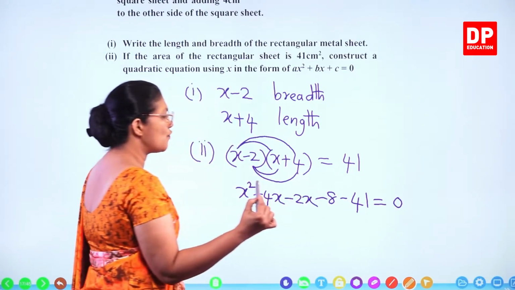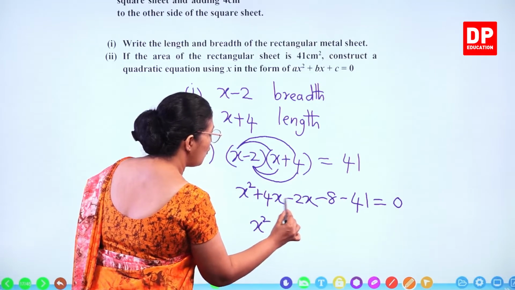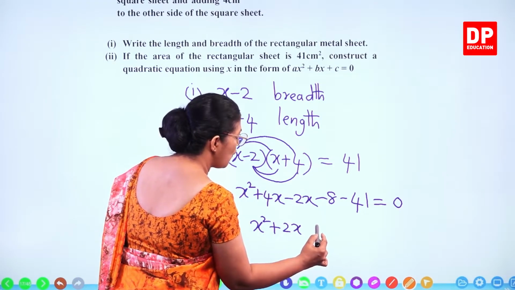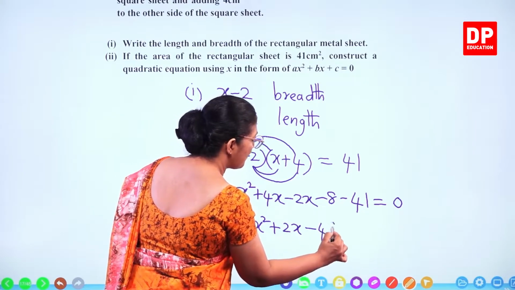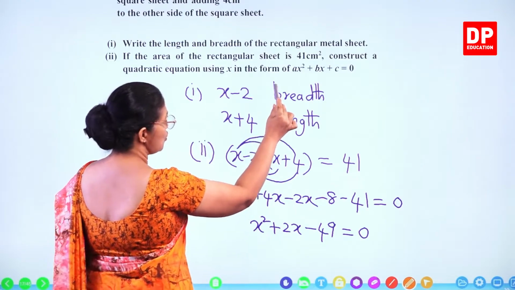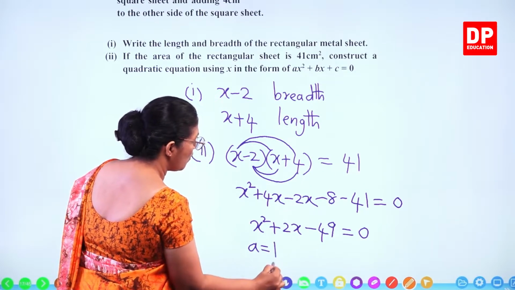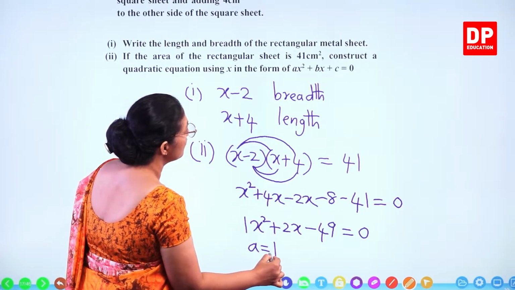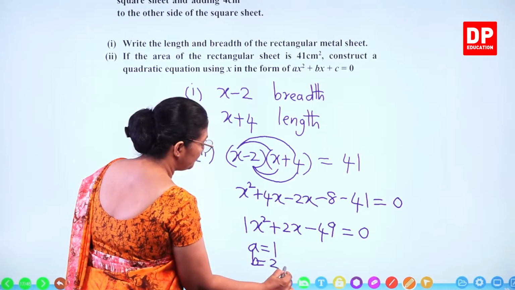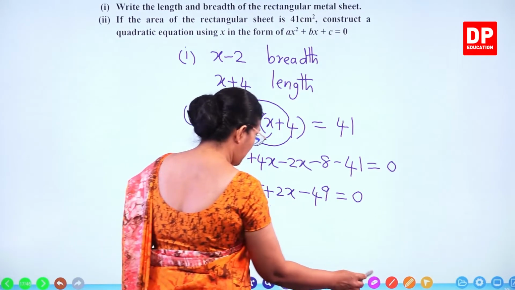It becomes minus 41. Now simplify x squared. 4 minus 2 becomes 2x. Minus 8 and minus 41 minus 49. So you get this equation in this form. So what is A? When you compare, A equals 1, B equals 2, C equals minus 49.